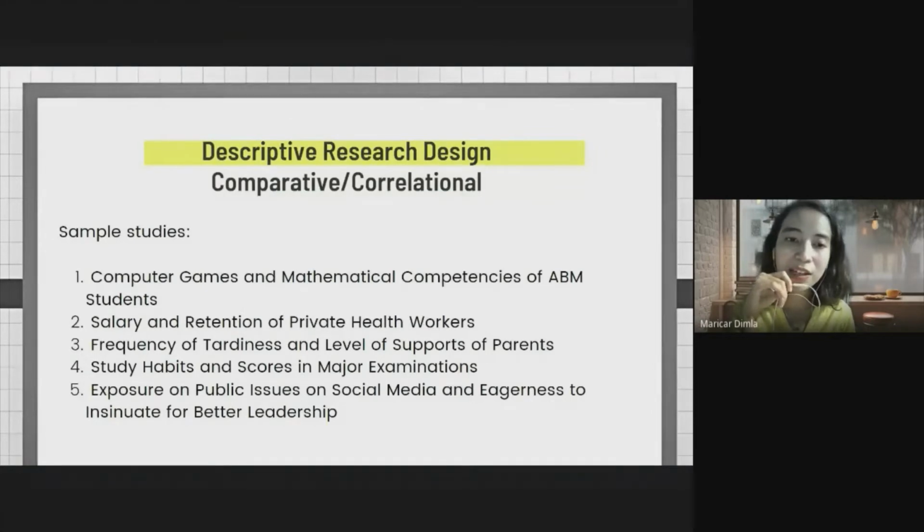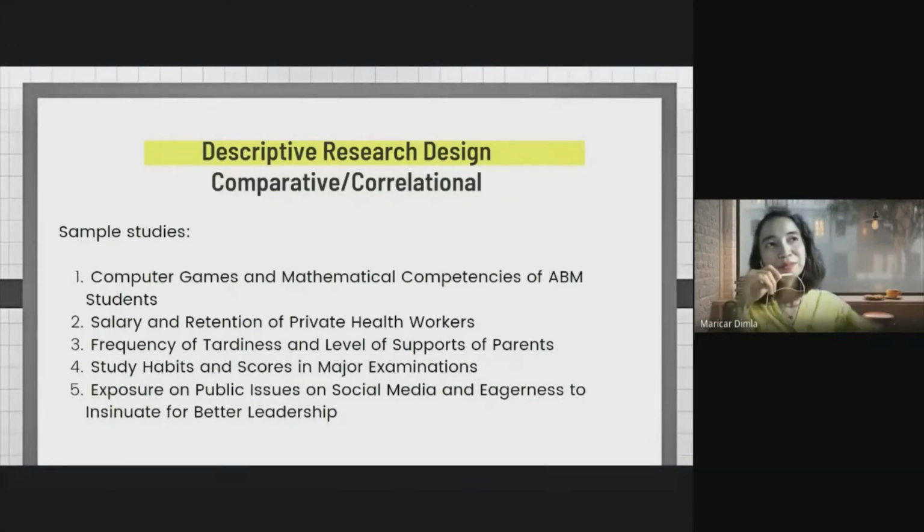Okay. May effect ba yung level or may influence ba relationship? Kasi hindi naman indicated kung ano yung ginamit na class. The level of support of the parents in the tardiness of the students. Okay? All right. How about on the specific?